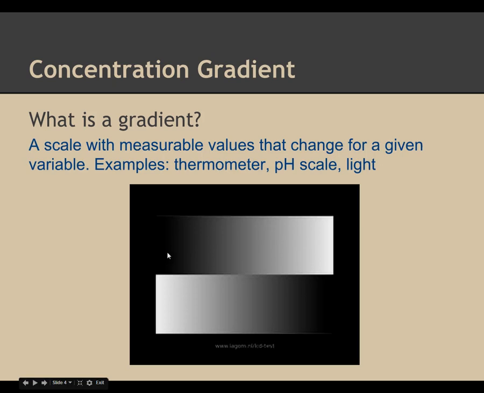It's a scale with measurable values that can change for a given variable. For example, a thermometer is a type of gradient for the amount of heat. The pH scale is a gradient based on how basic or acidic something is. And even with light, you can measure light in foot candles from very dark to very bright.